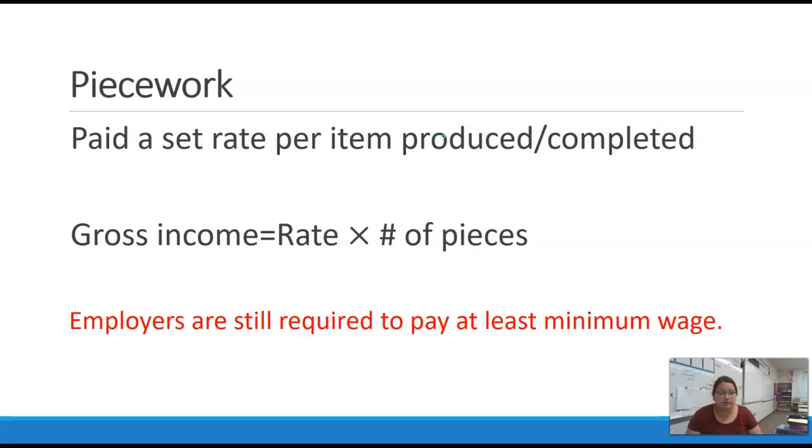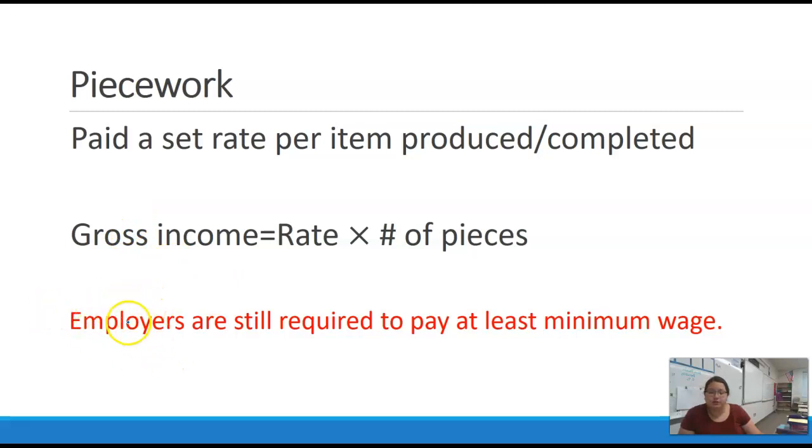So, for example, if I was at 200 to 300 bills per month, then I would get $10 per hour. So it was still hourly, but it was based off of how much I was working. Most piecework is based off of how many pieces you're actually completing. So to calculate this, you're going to take your rate per item and multiply it by the number of pieces.